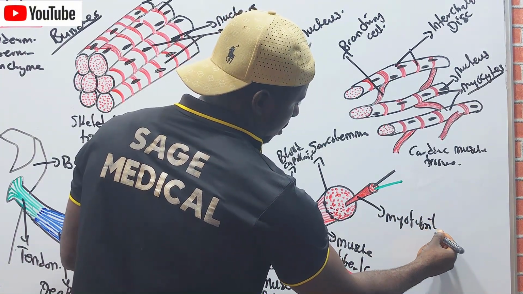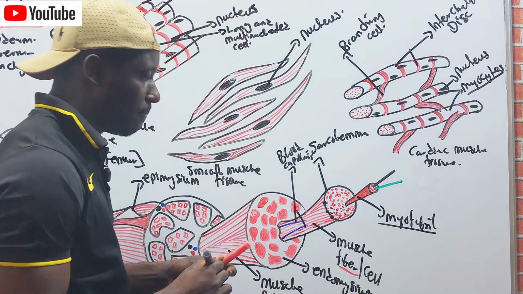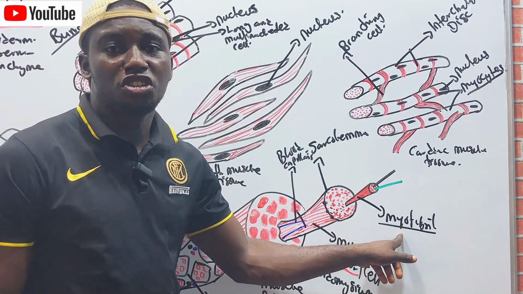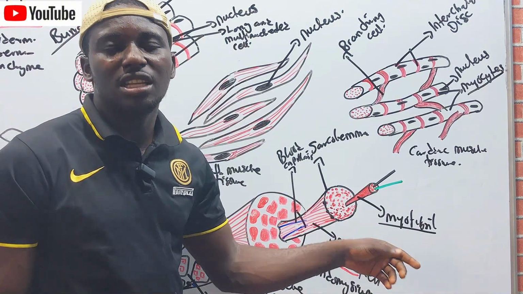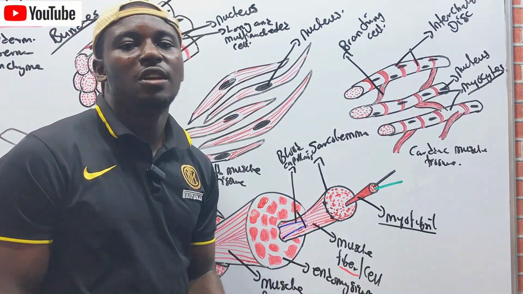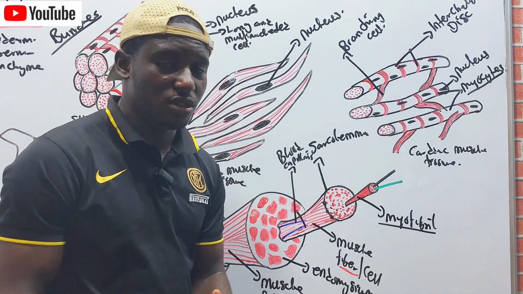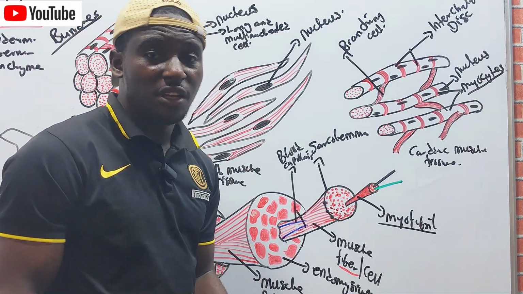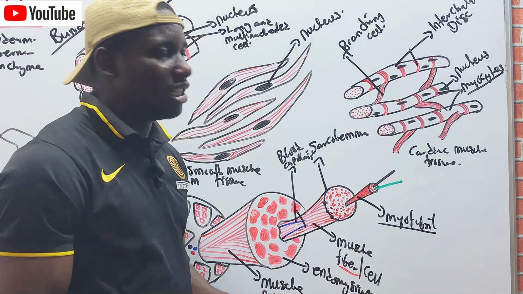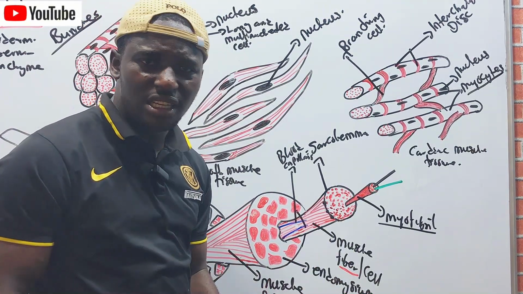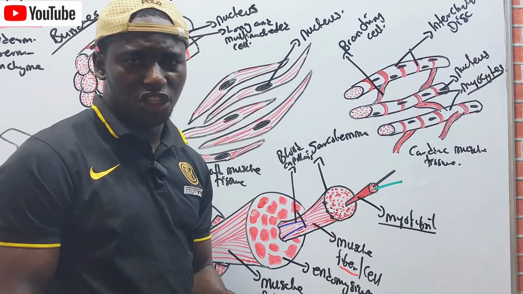The myofibril is a long functional subunit that contains the muscle myofilaments in a muscle tissue. What are those muscle myofilaments? They are the myosin and the actin. The myosin and actin are those protein filaments that initiate contractility of the muscle tissue.